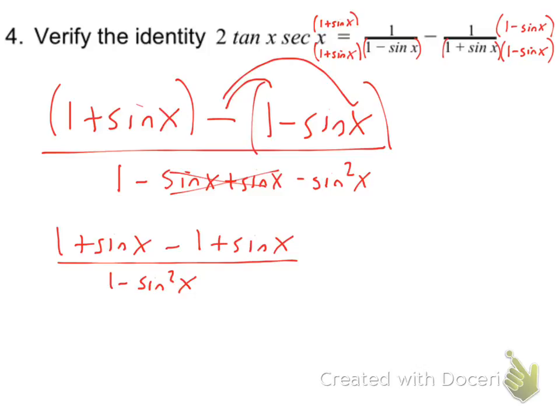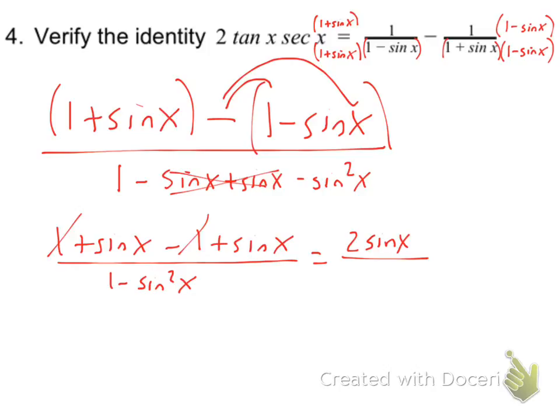Just gathering like terms. Hey, wait a minute. What happens with the ones on top? They cancel. Hey, what happens to the signs on top? They don't cancel. They add together. Sine of x plus sine of x is? Hey, I like that. All over 1 minus sine squared x.